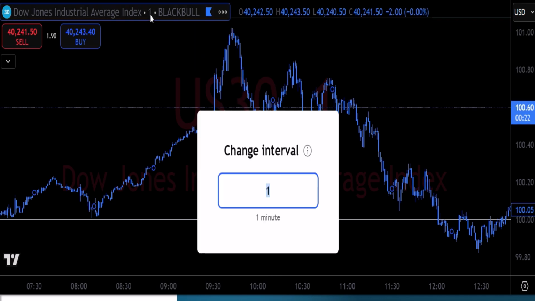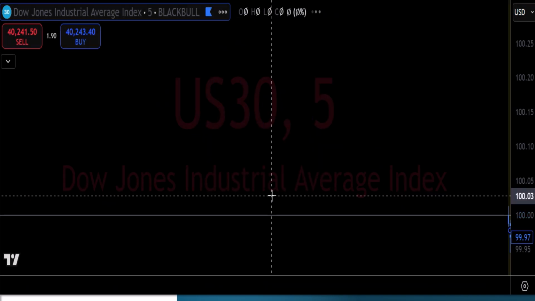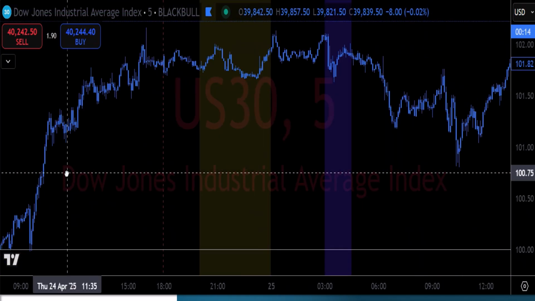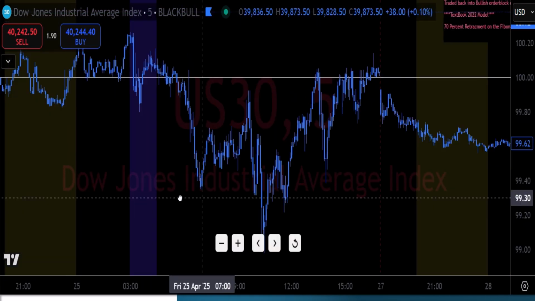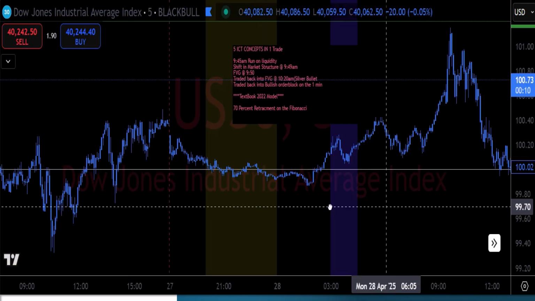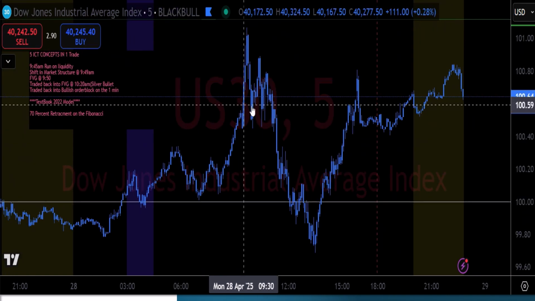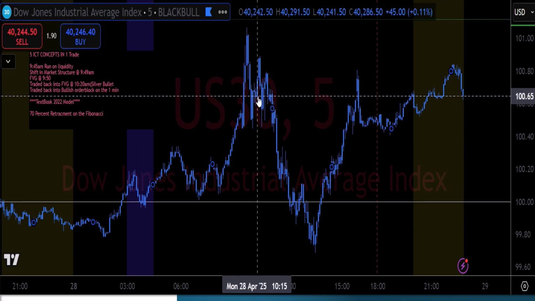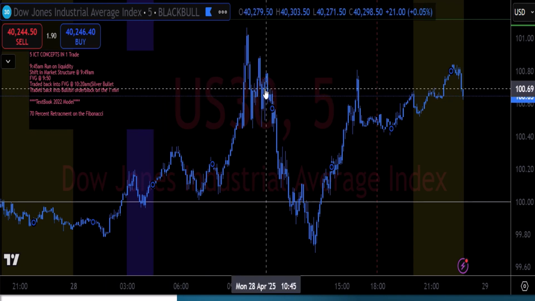Going back to the 5 minute, excuse me for scrolling so fast. Here we see that fair value gap at 9:50, and then we trade back into that fair value gap at 10:20, which is the silver bullet model.